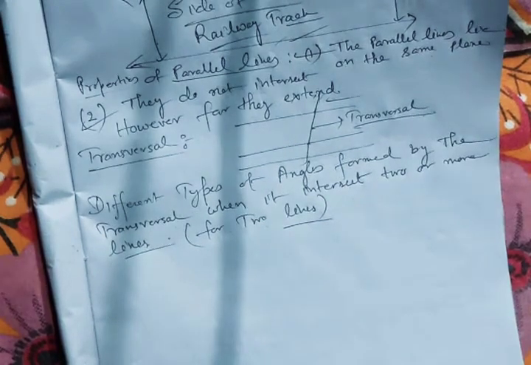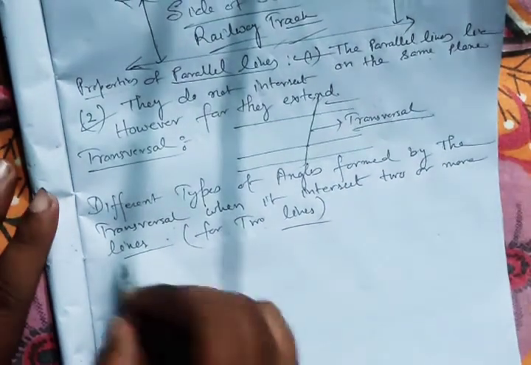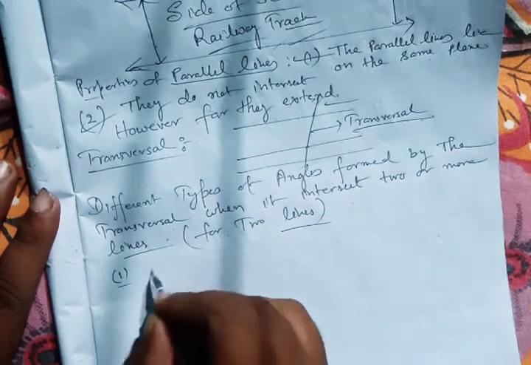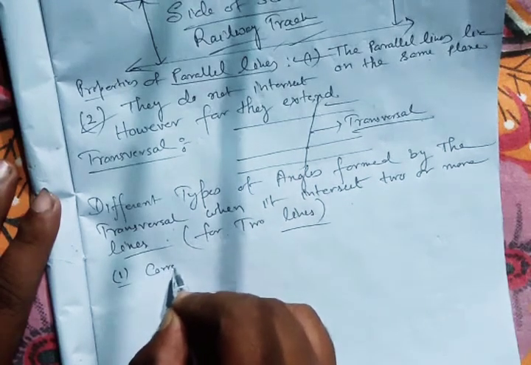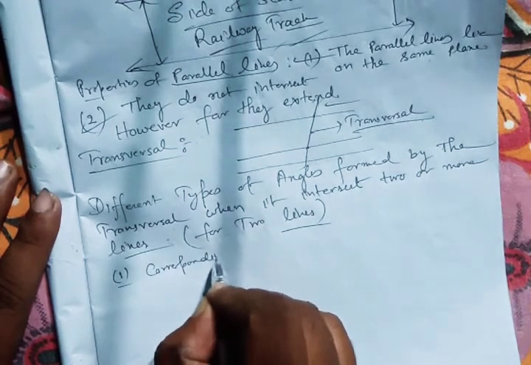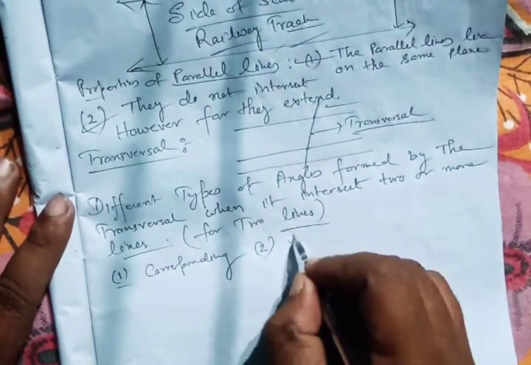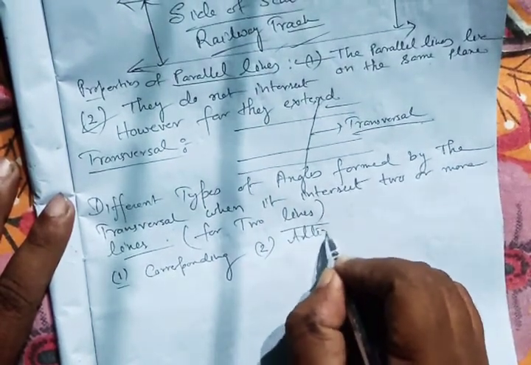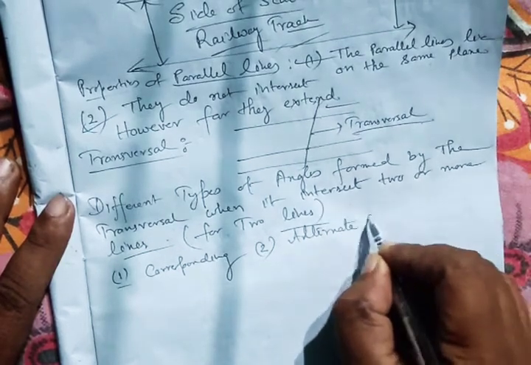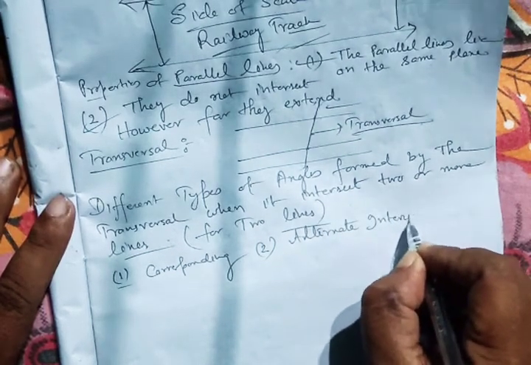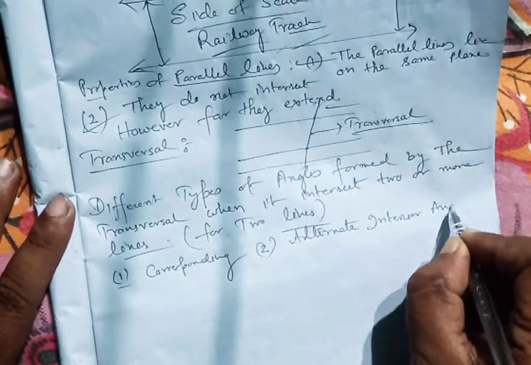First is corresponding angles. Second is alternate interior angles.